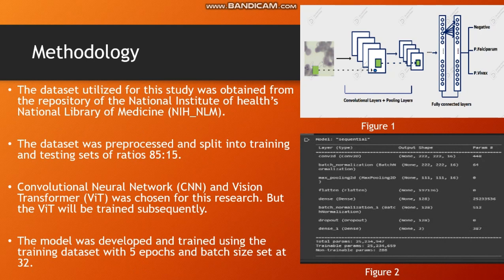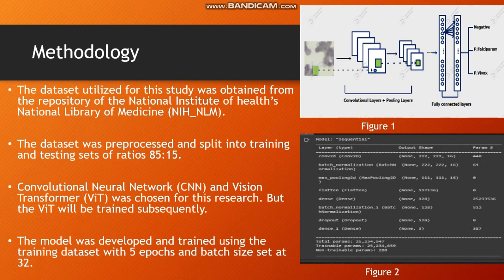Convolutional neural network and vision transformer were chosen for this research, but the vision transformer will be trained at a subsequent time. Figure 1 shows the framework for the convolutional neural network architecture. The model was developed and trained using the training data set.